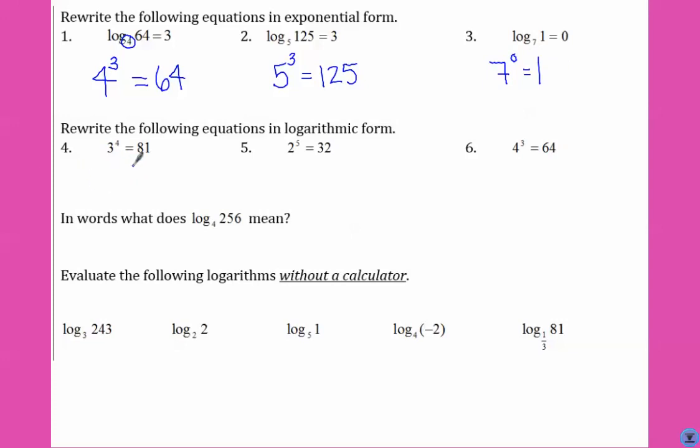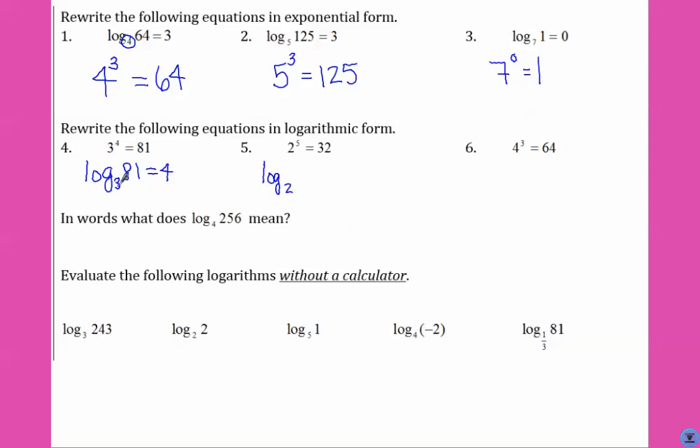So let's do the opposite. Let's go from exponential form to log form. We're going to have log. Our base was 3, so that becomes our subscript. Our exponent is what it's equal to, and what was equal to becomes what we're taking the log of. So number 5, log, our base is 2.